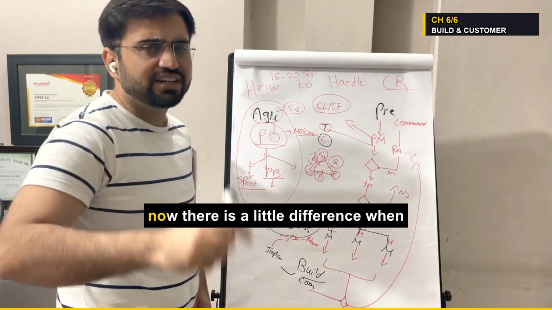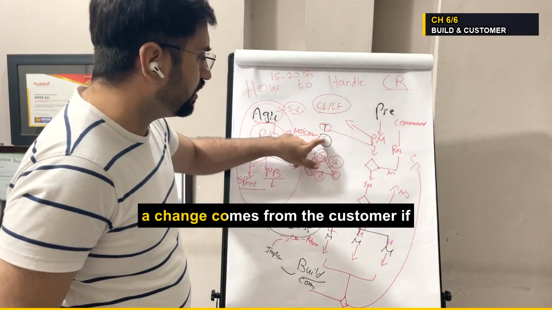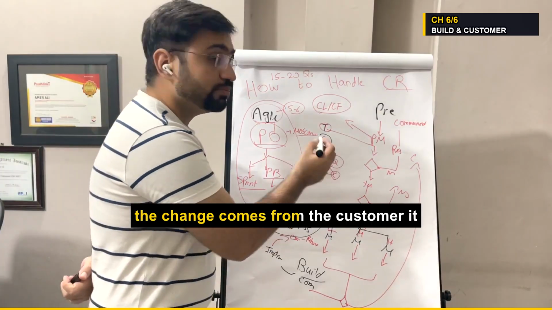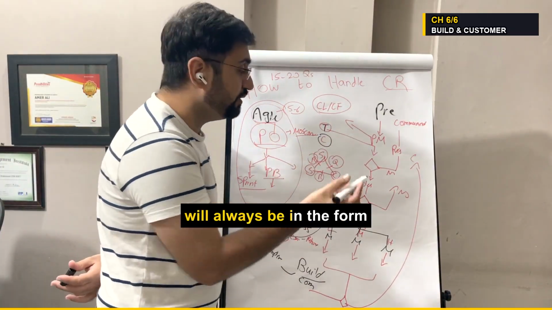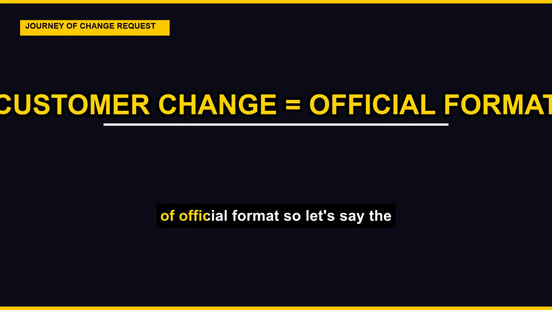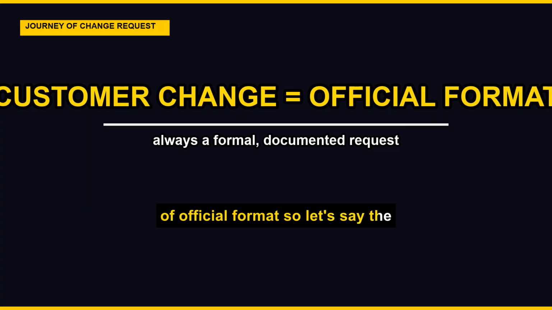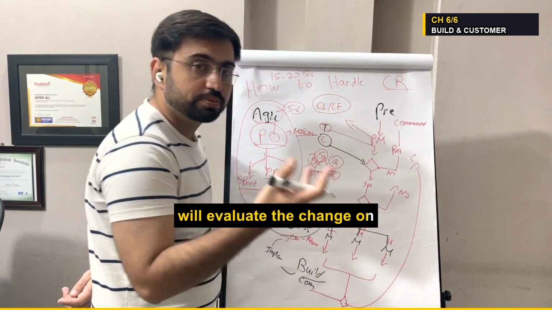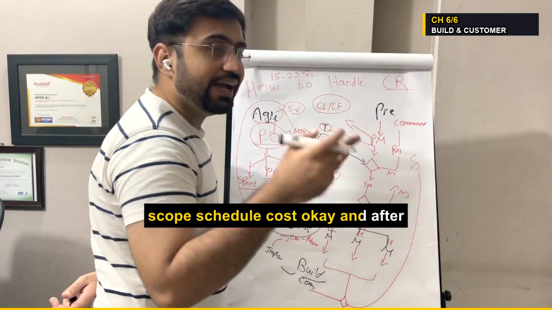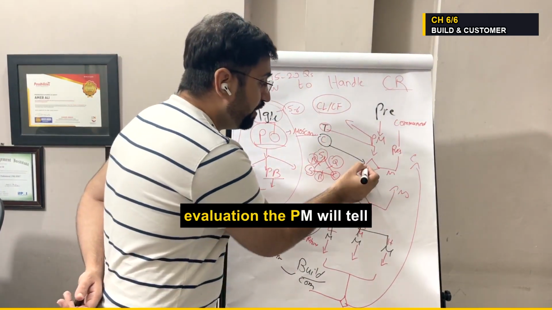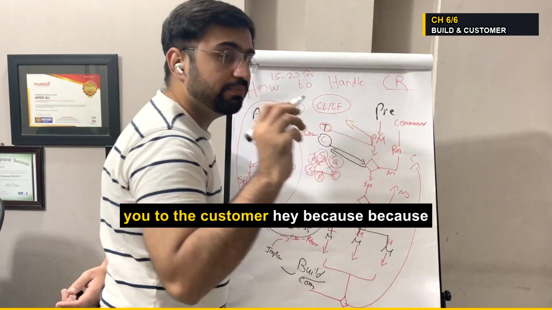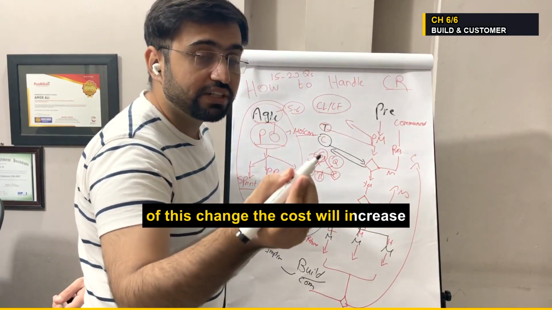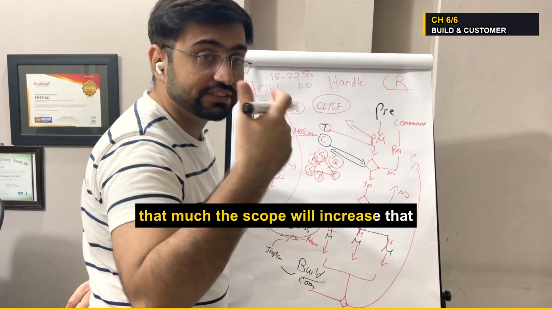Now there is a little difference when a change comes from the customer. If the change comes from the customer, it will always be in the form of an official format. So let's say the change comes from the customer, the PM will evaluate the change on scope, schedule, cost. After evaluation, the PM will tell the customer, hey, because of this change, the cost will increase that much, the scope will increase that much.